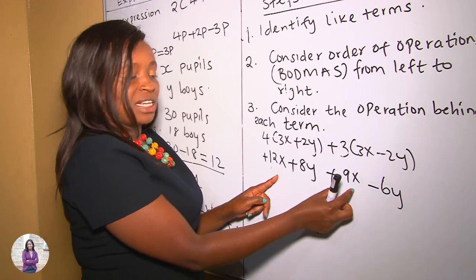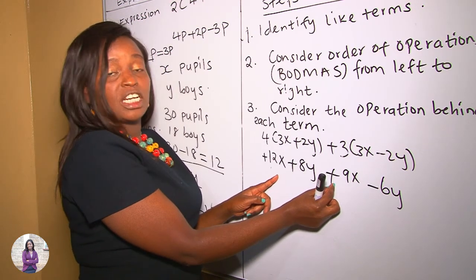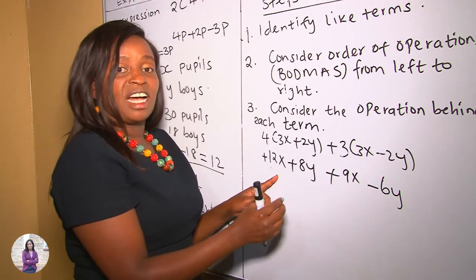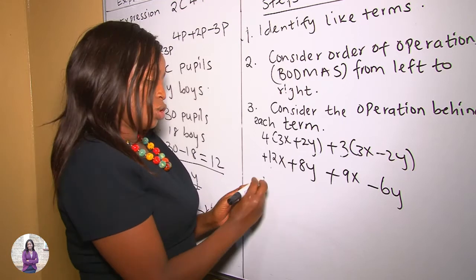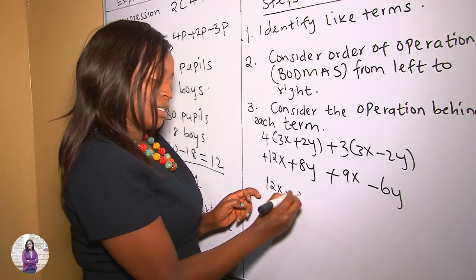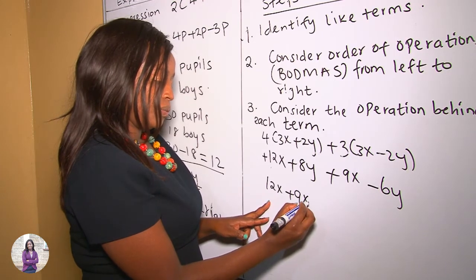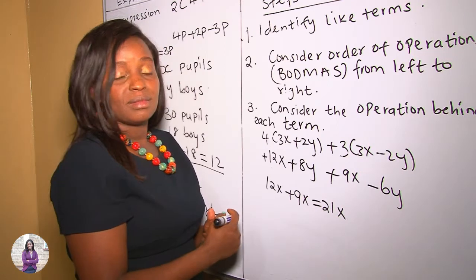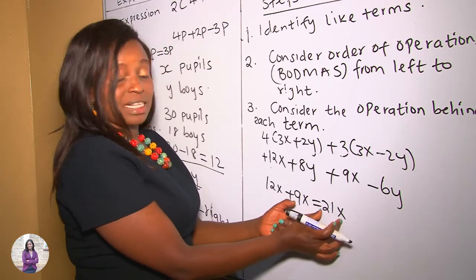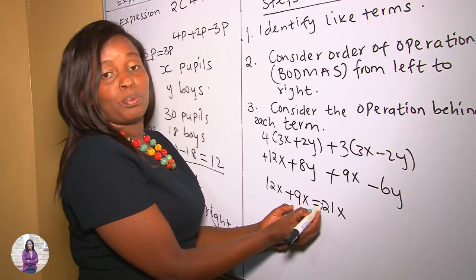We go to where there is another x. 9x, the sign behind it is addition, meaning that we are putting together these two x's. That is 12x plus 9x, which is 21x. So the x's, we have got 21x, and as you can see, the sign behind this is positive.